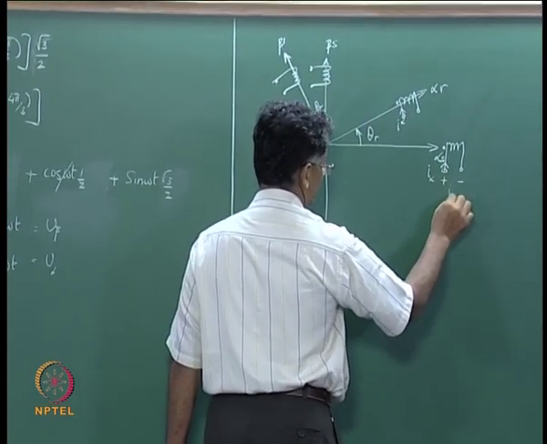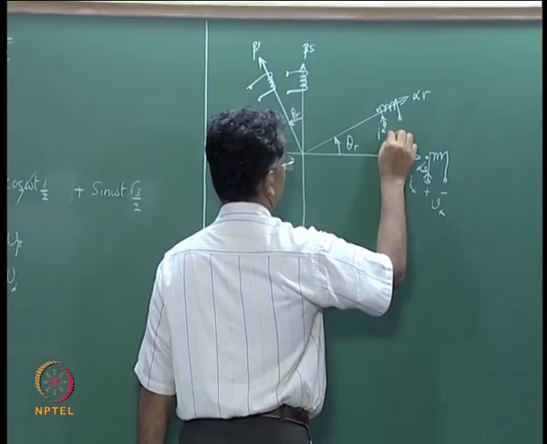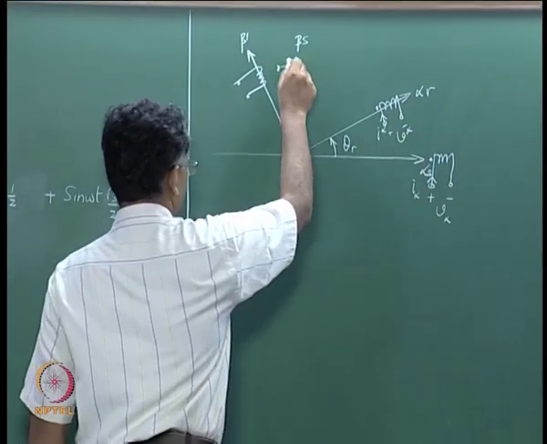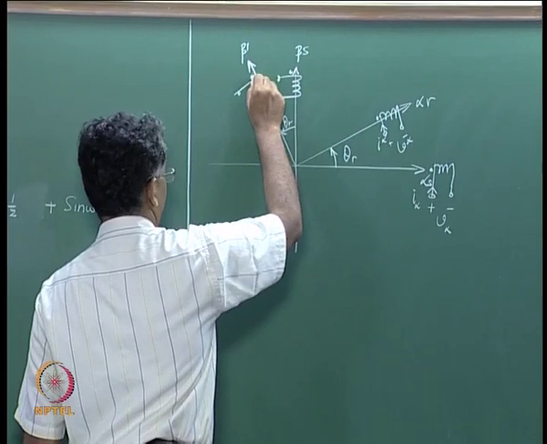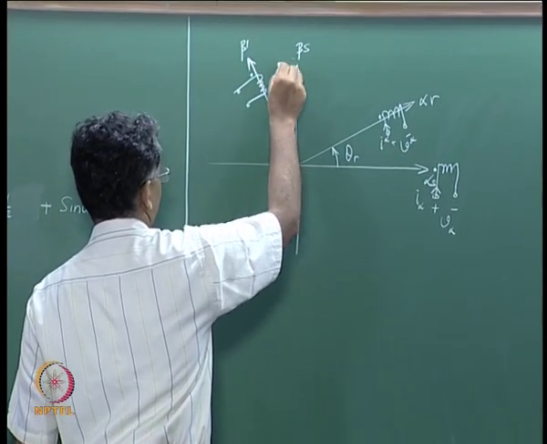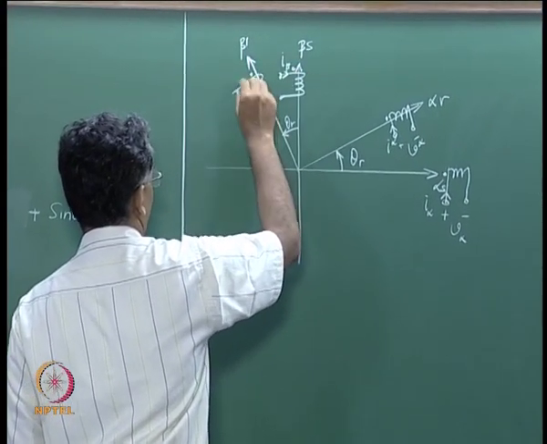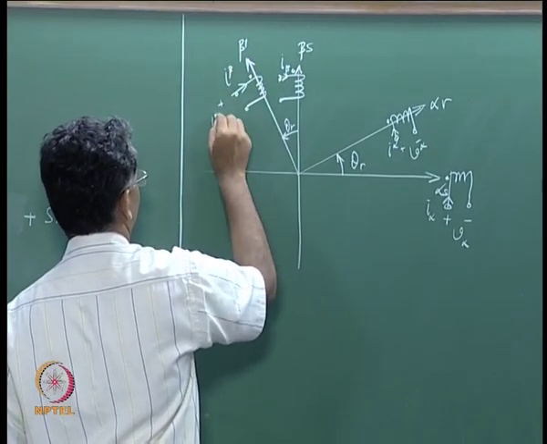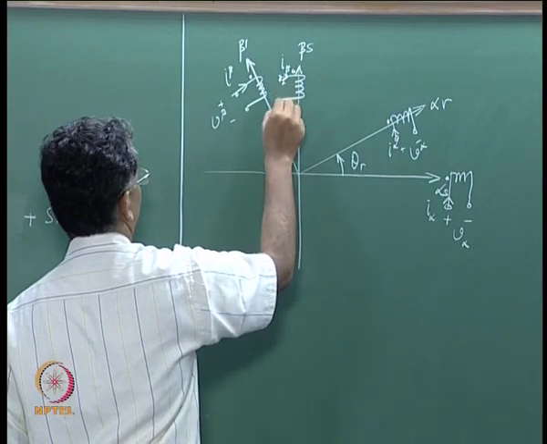Voltage applied here is V alpha, voltage applied here is V alpha. Similarly, for the beta winding, this is I beta, and I beta is here, V beta and V beta.